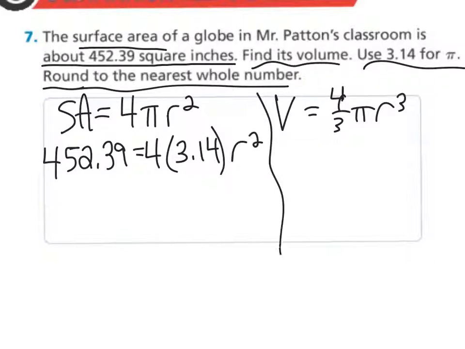And this is going to be pretty much like what we did back on number 4. So we can clean things up a little bit on the right side. 4 times 3.14 is 12.56.